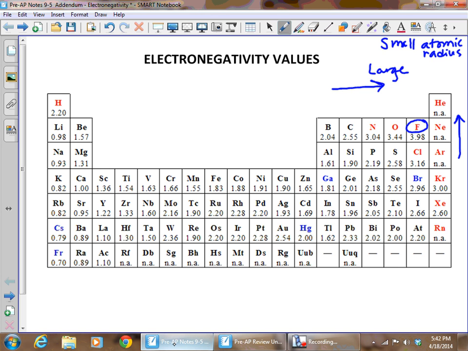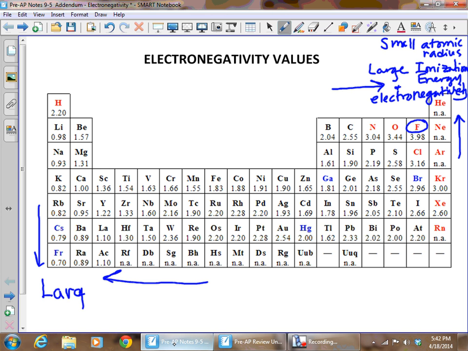It's got a large ionization energy, and it's got a large electronegativity. So small size, but large ionization energy and electronegativity values. Down here on the other end, as you go down the table and towards the left, that's where you're going to get your large size, your large atomic radius.